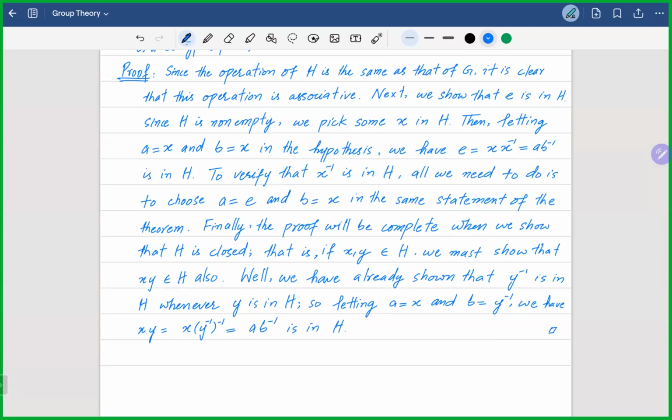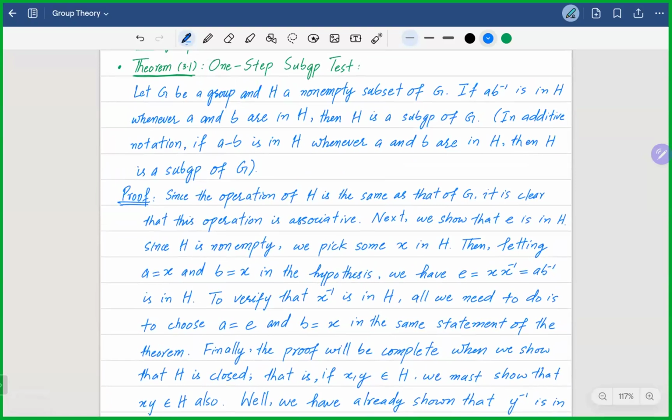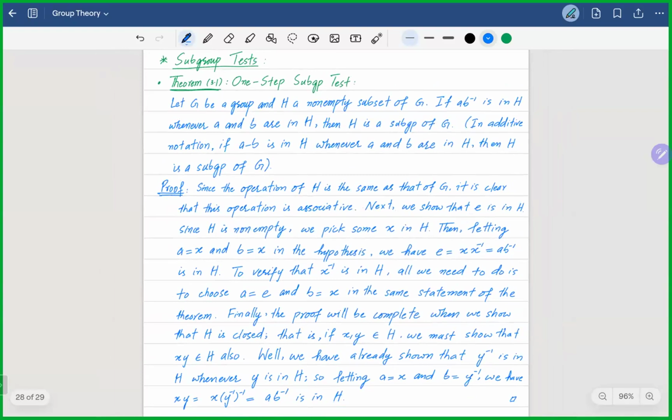And if H is a group under the same operation of G, then it is a subgroup because it is a subset. So all you need to check to show that H is a subgroup is that AB inverse is in H for elements A and B in H. That's it. Okay, this is the one step subgroup test, right? Perfect.